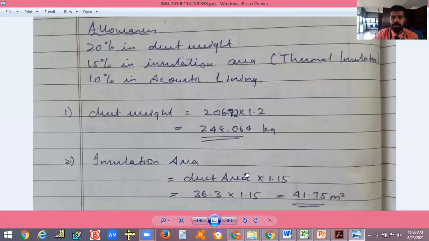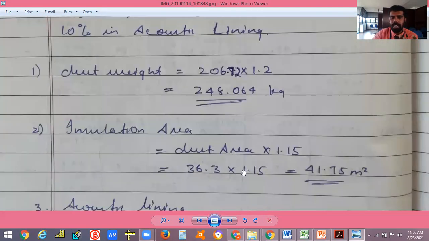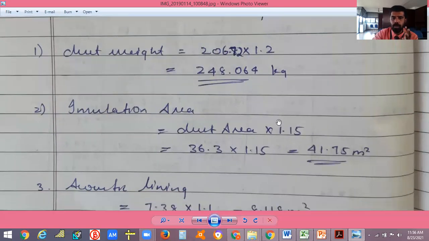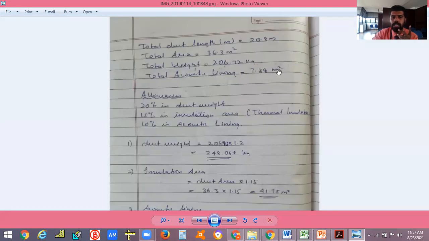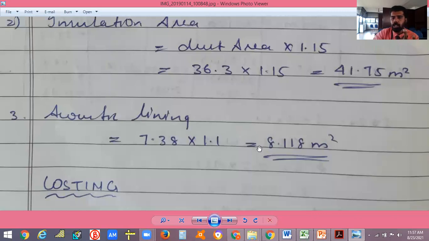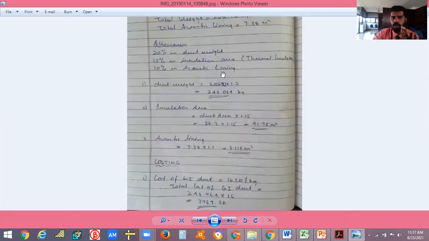Duct insulation, add 15%, so duct area into 1.15, and you'll be getting this value. Acoustic lining, multiply the total area with 1.1, and you'll be getting this value. Okay, so you got all the values, all the duct weight, insulation area, and acoustic lining, including the safety factor. So estimation is over.